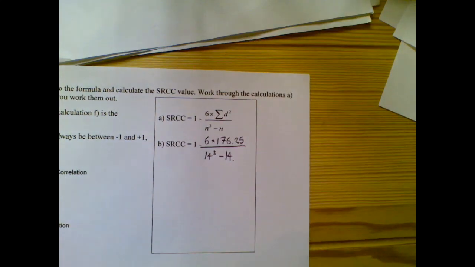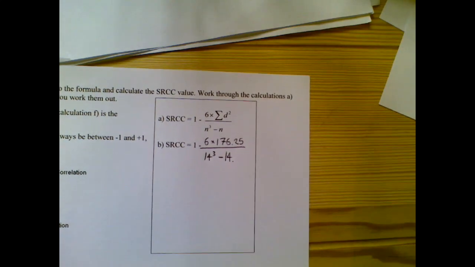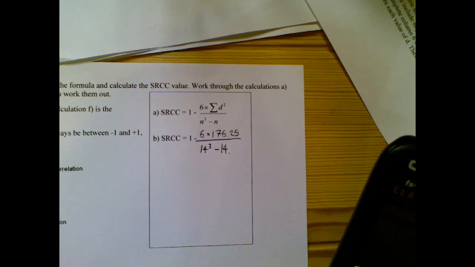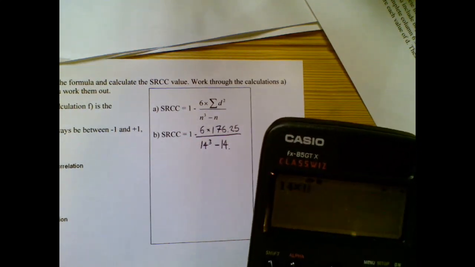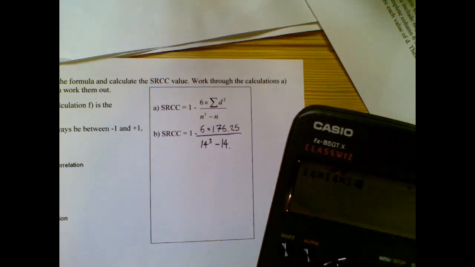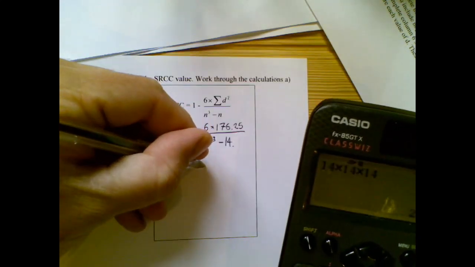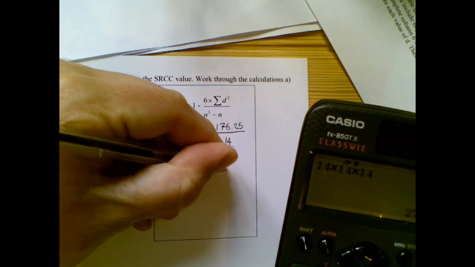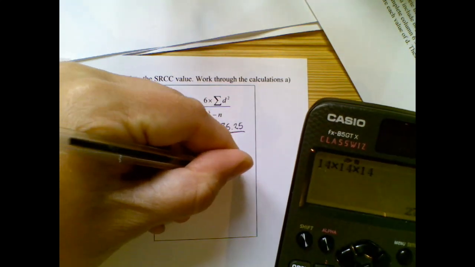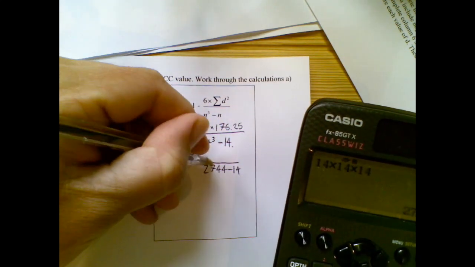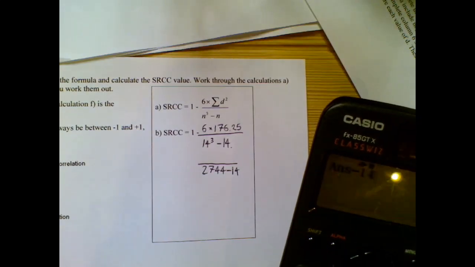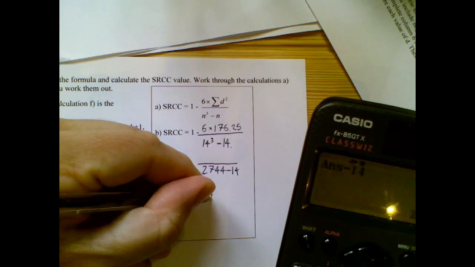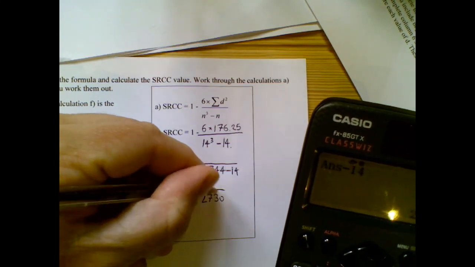So I now need to solve this. I'm going to use my calculator. So 14 times 14 times 14. So 14 cubed is 2744 minus 14. Then, if I do the next level for that, it is 2730.